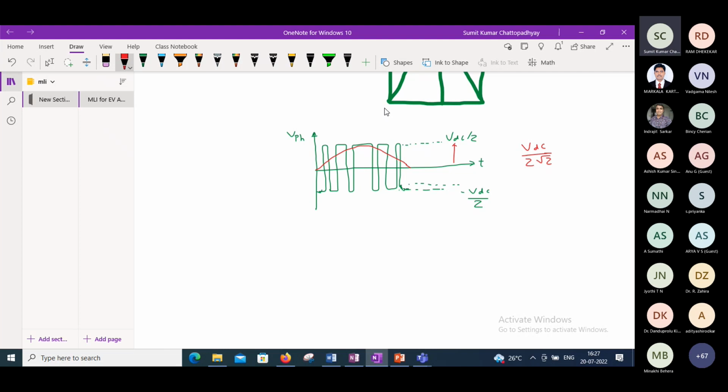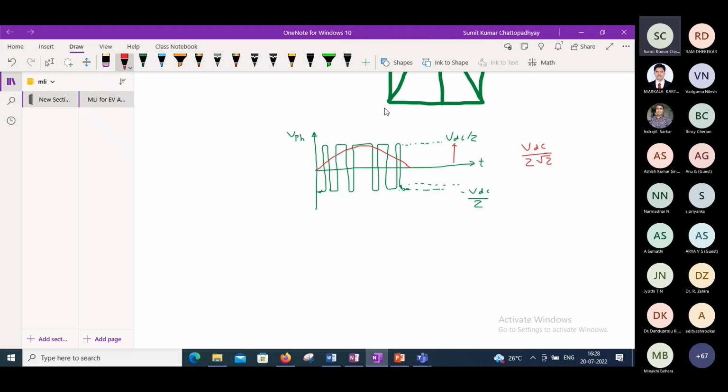Eddy current loss occurs because there is induced EMF in the core, and depending on core resistance, the eddy current is developed, right? Now, what we observe is that it will definitely depend on the RMS voltage induced on the core. So in which case will it be more, whether it is a sinusoidal voltage or a PWM voltage?